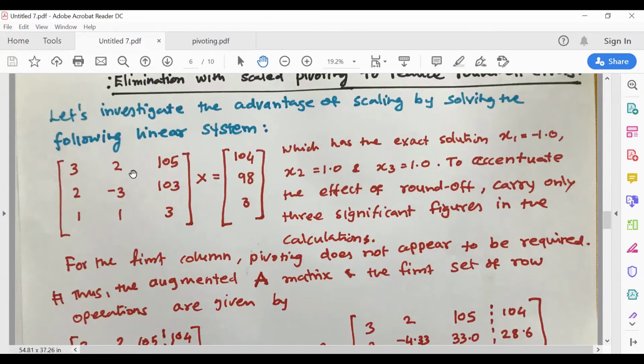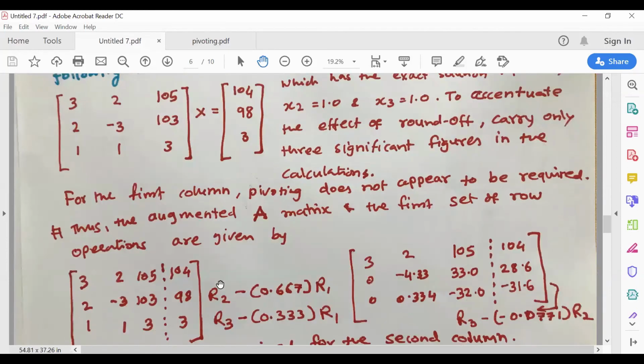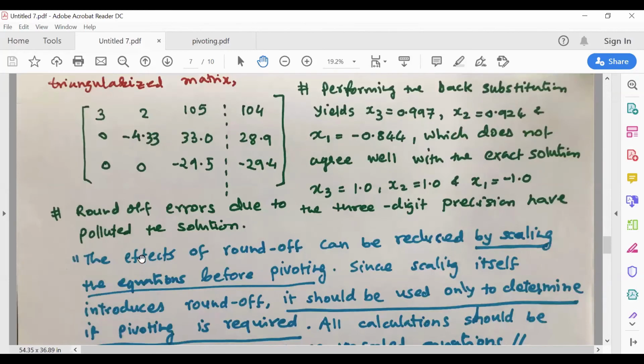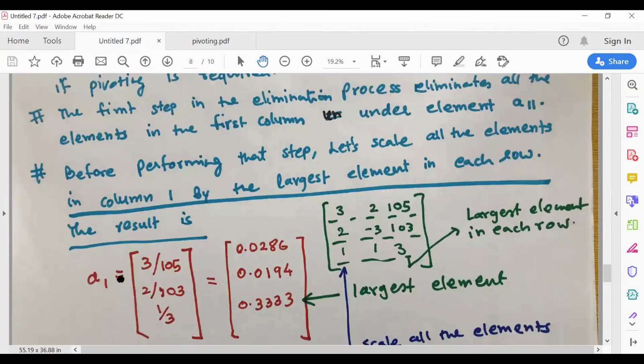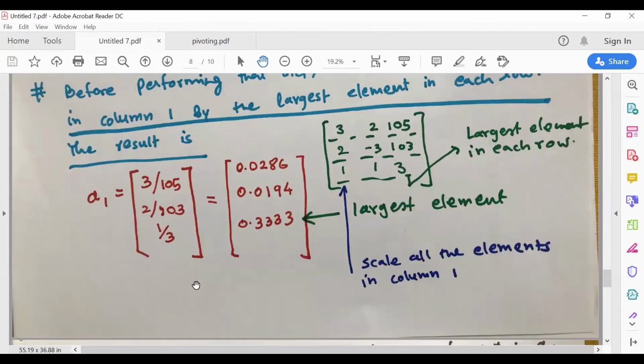I normalize only with the corresponding number in the same row. Here only the first column numbers are normalized, because the others are smaller numbers. So I do 3 by 105, 2 by 103 and 1 by 3. This operation is called scaling or normalizing.